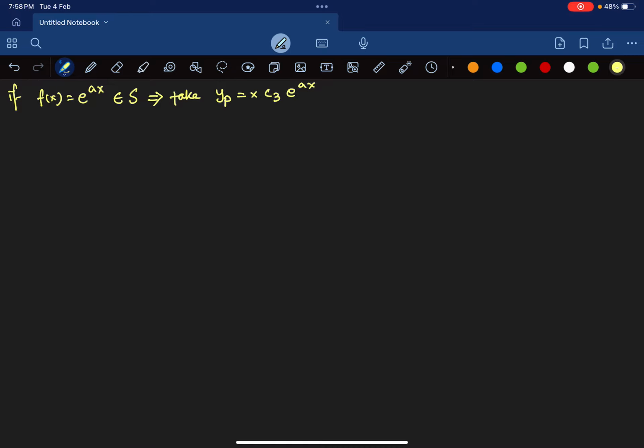Fine. Now see the same process. Next, yp dash, yp double dash, this you'll find and substitute in the main equation, find out the c3 value, and from there you can find yp explicitly, and after that the general solution CF plus PI.